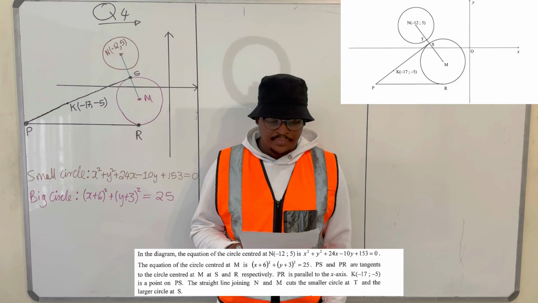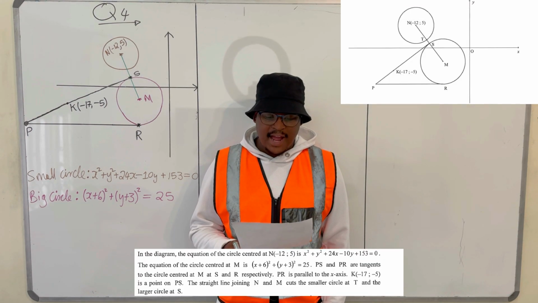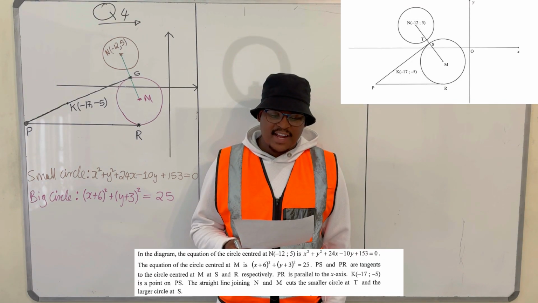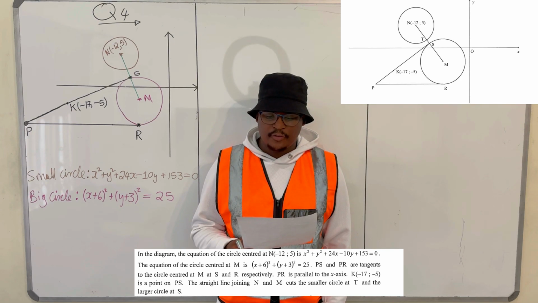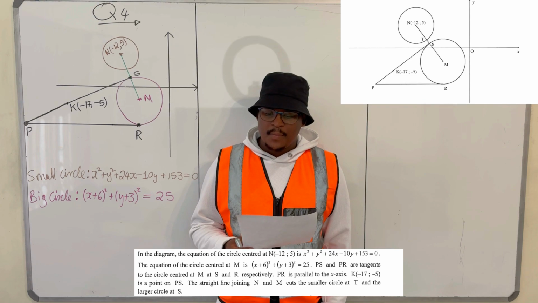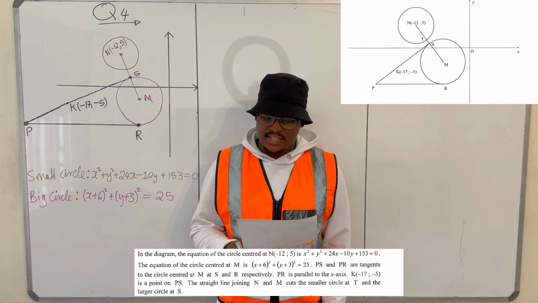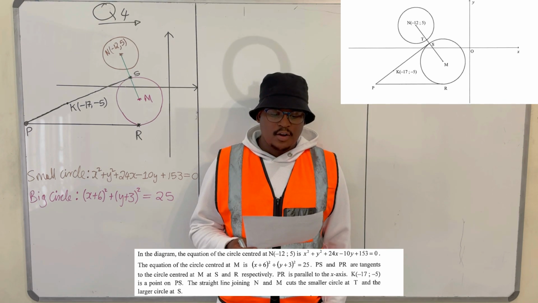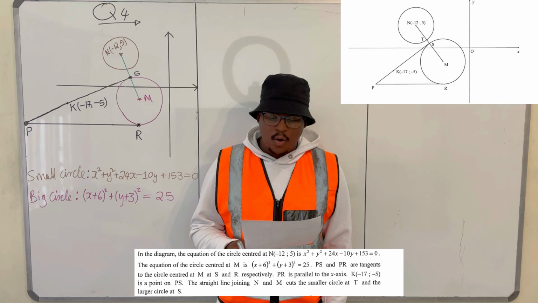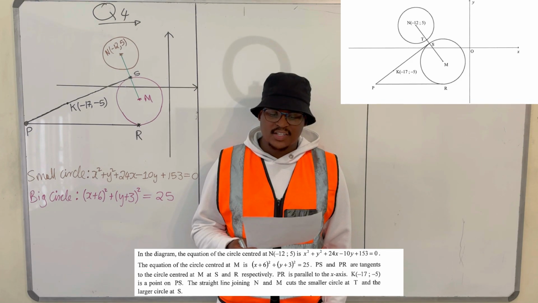So let's go. They are saying, in the diagram, the equation of a circle centered at N is x squared plus y squared plus 24x minus 10y plus 153 is equal to 0. The equation of a circle centered at M is (x plus 6) all squared plus (y plus 3) all squared is equal to 25.